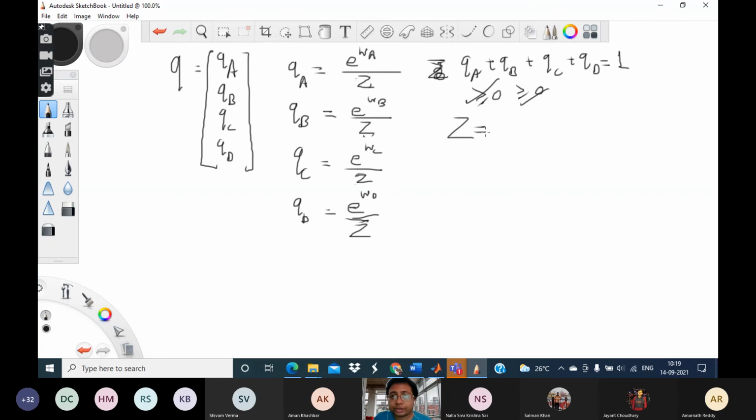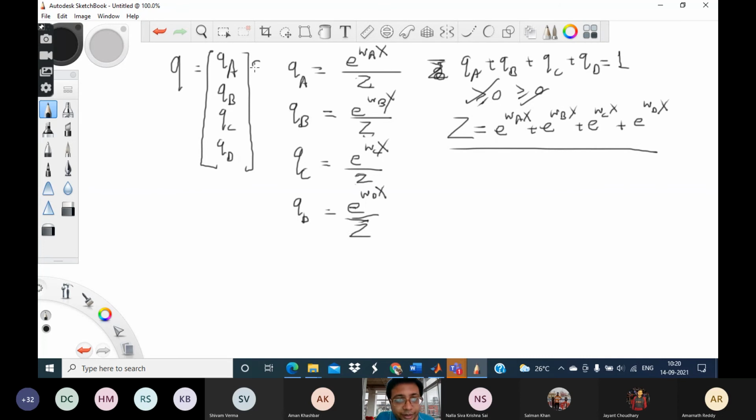As you can easily understand, in this case Z will be nothing but the sum of e to the power WAx, WBx, WCx, WDx, all these things. This way we will get a probability distribution QA, QB, QC, QD.